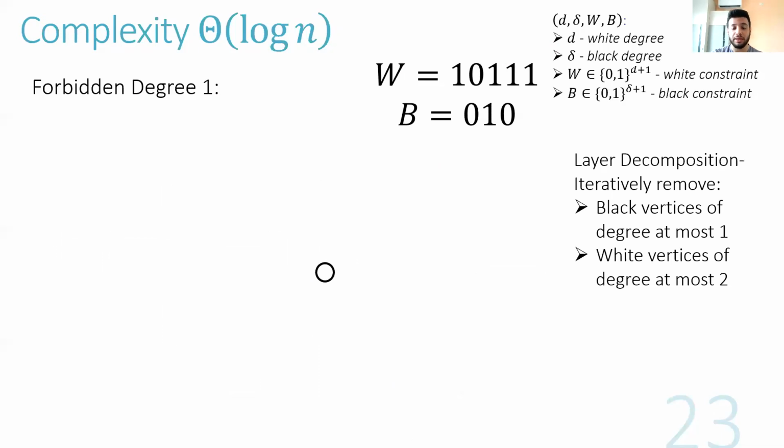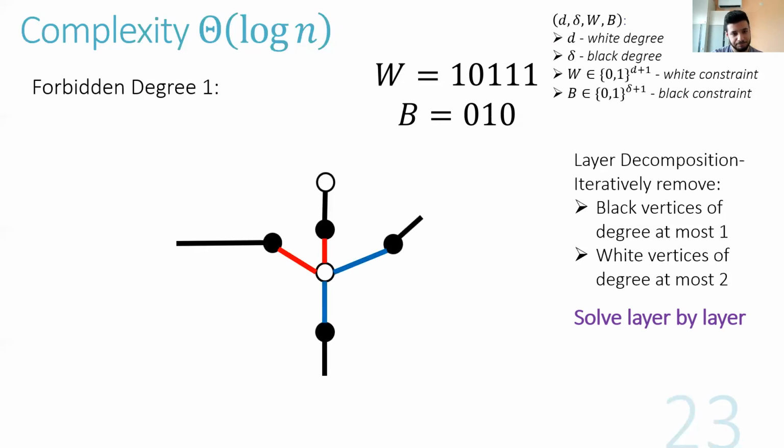Now one can go in the reversed order of the layers in order to label all of the edges to create a feasible solution. So we start with the last layer, which in this case is only one vertex. And so this white vertex labels its incident edges in a feasible manner.